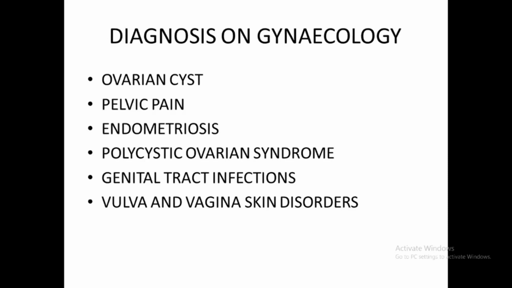Then pelvic pain. There are many reasons for pelvic pain, but a few reasons are, first, pregnancy. Second, the menstrual cycle or periods. And third, again, very strong sexual intercourse might lead to pelvic pain.